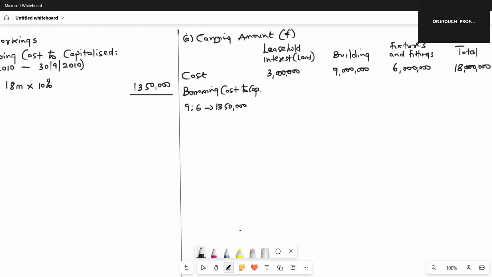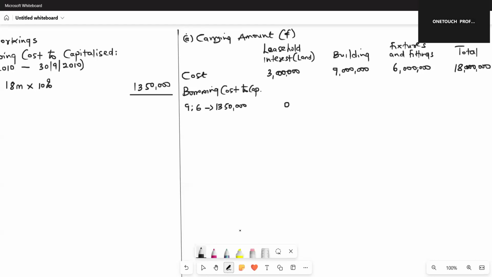Do you agree? Yes. We are sharing it to only the building and the fixtures, 9 million and 6 million. We have to share the borrowing cost to capitalize in the ratio of their cost. Did you get it? Yes, sir.